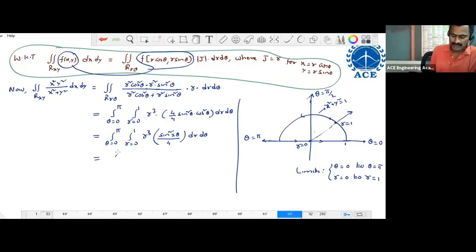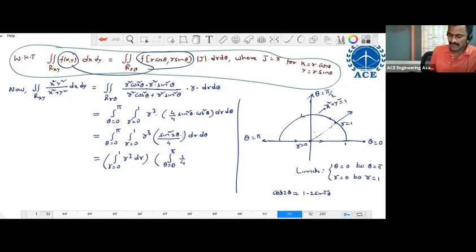Integral r equal to 0 to 1 r cube dr. Next, integral theta equal to 0 to pi. One by 4 is constant. Sin square theta will be written in terms of cos: cos 2 theta equals 1 minus 2 sin square theta, so sin square theta equals 1 minus cos 2 theta by 2.